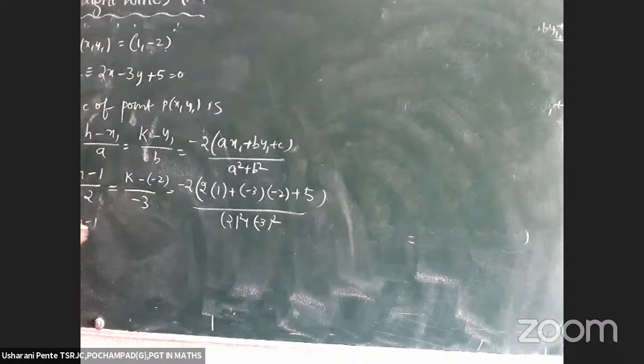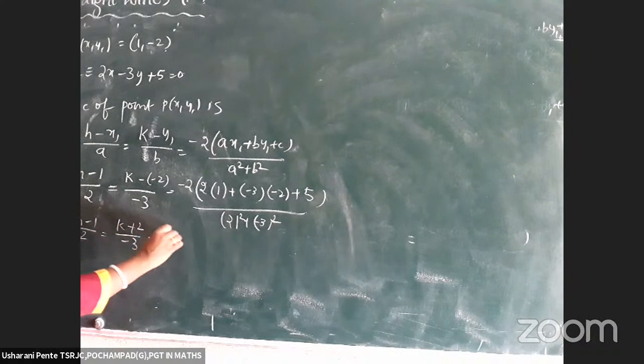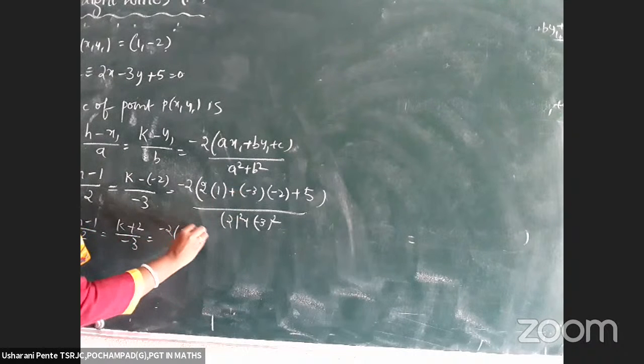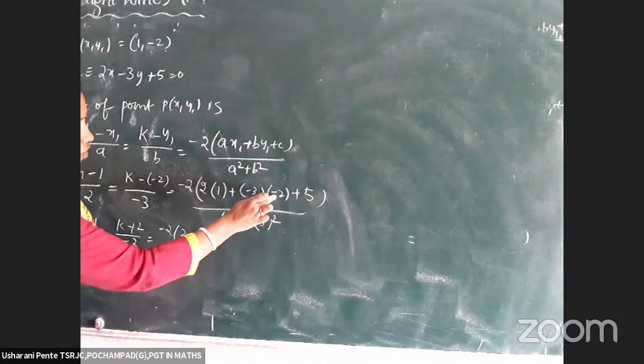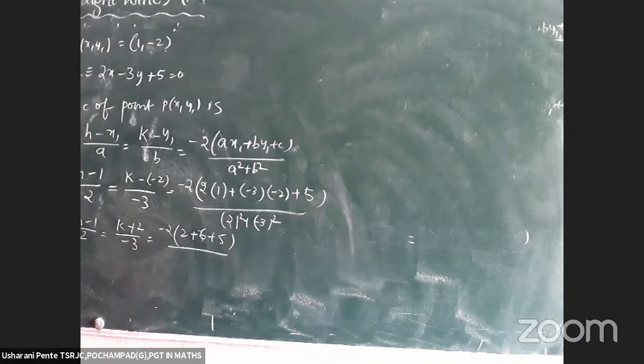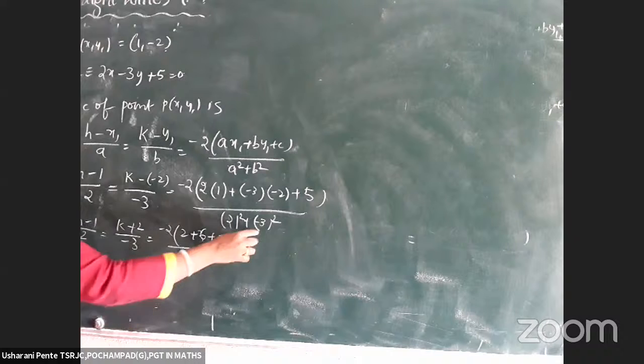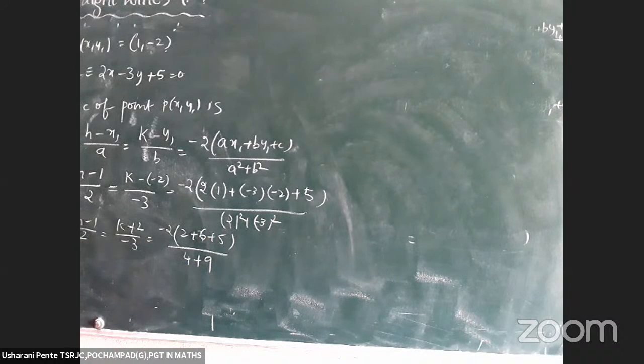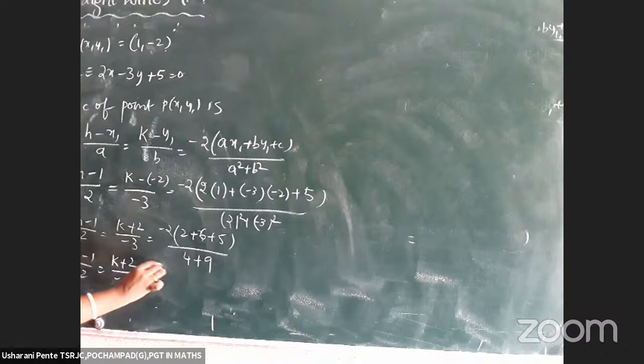So how much do you get? (h − 1)/2 = (k + 2)/(−3) = −2 times (2 + 6 + 5)/(4 + 9), which is −2 times 13/13. The 13s cancel, and we get −2.